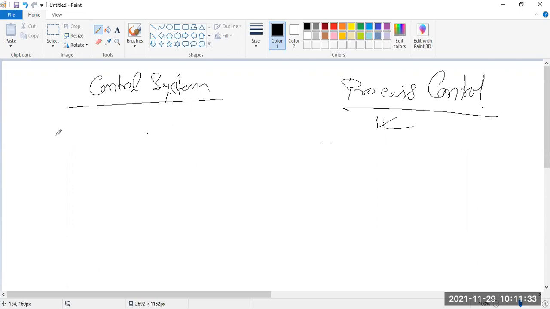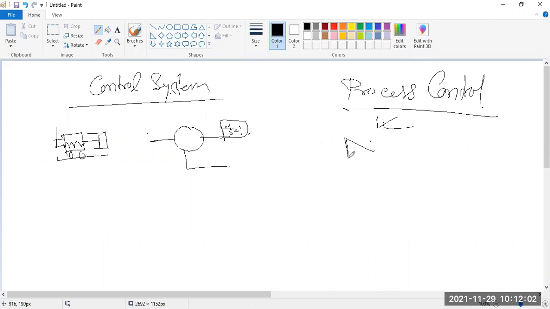Say in your process control system, we are using this spring and dashboard system. But in your control system, whenever we apply this, it is given some mathematical model, some 1 by s something. This is a mathematical model. But in this process control system, we are applying it in real-time symbols only.